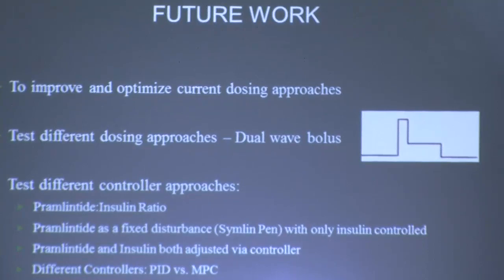And then the model predictive control, it actually can predict time points into the future and adjust accordingly. The only difference between PID and MPC is that PID doesn't have predictive capability and MPC does.